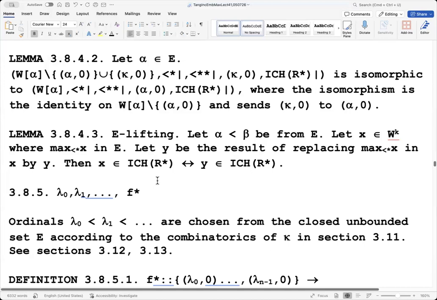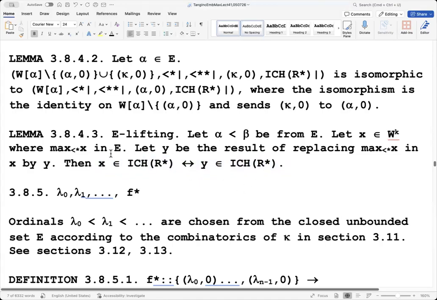We're replacing max of X in Y by Y. Okay, this is all screwed up. Okay, I said this wrong. What I mean is if the max is alpha, and you can replace alpha by beta and get a bigger max, then you don't change the truth value of this. How did I screw this up?